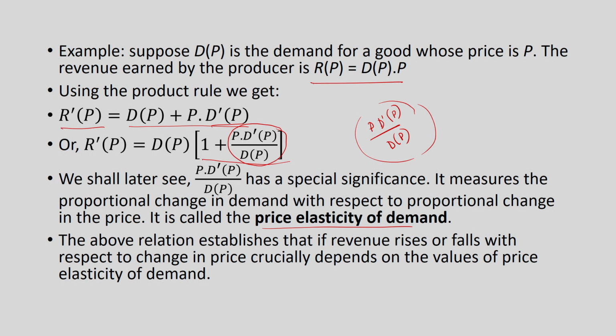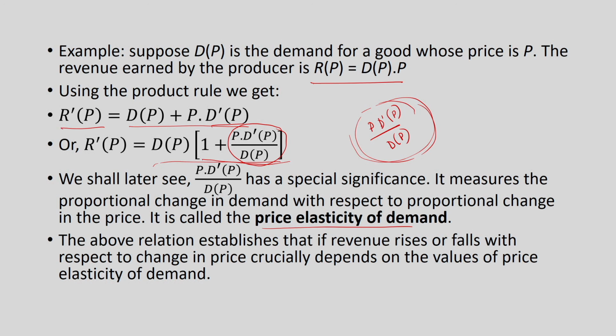The above relation establishes that whether revenue rises or falls with respect to change in the price crucially depends on the values of price elasticity of demand, right. So, if I take the absolute value of this, right, it is negative, but if I take the absolute value and if it is greater than 1, then this whole expression will be negative.